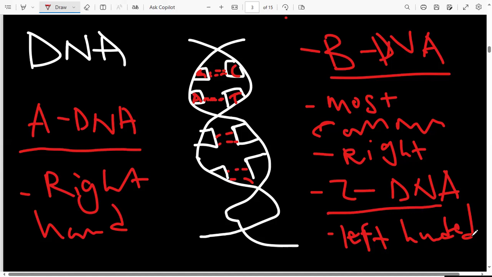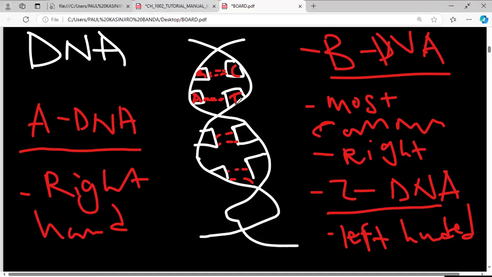So mostly you'll find B DNA, and some other times you can find A DNA if you're experiencing dehydration. And the Z DNA is a left-handed double helix. Right, so that's number 4.